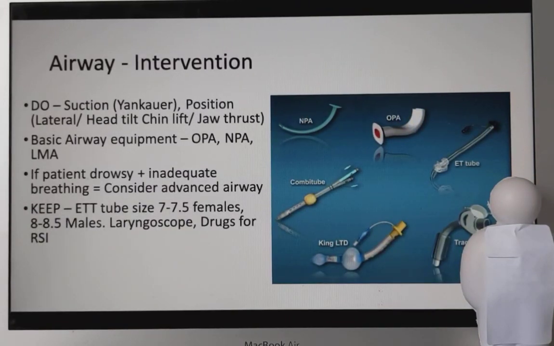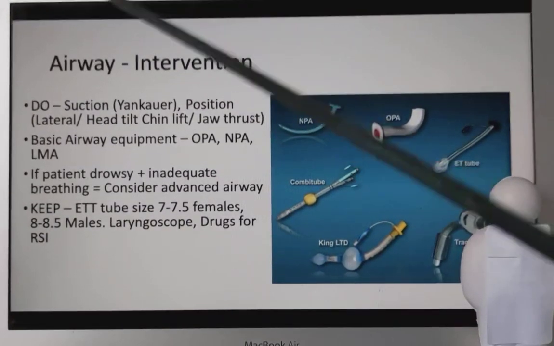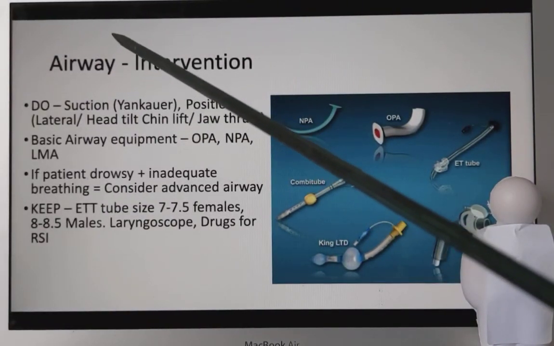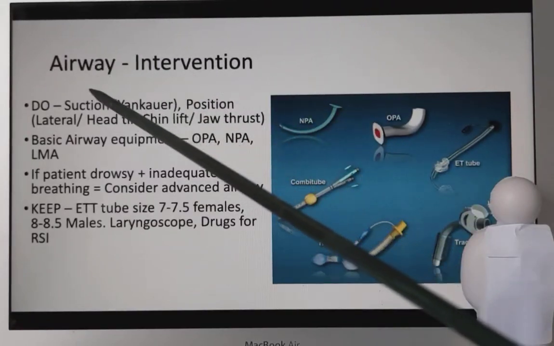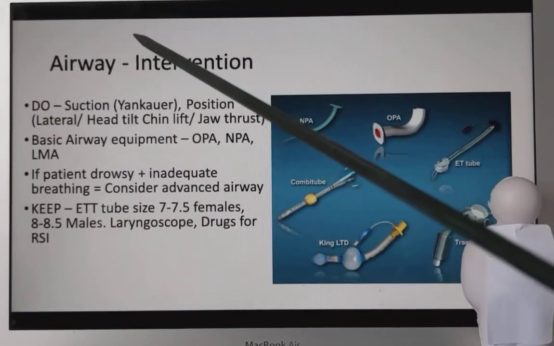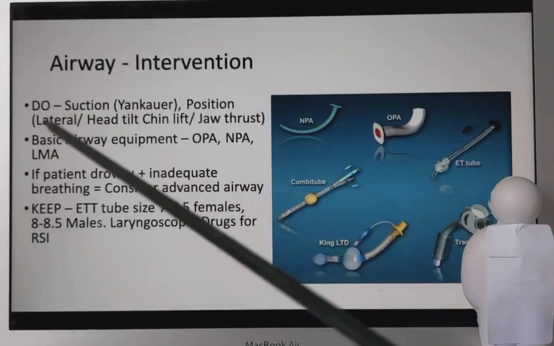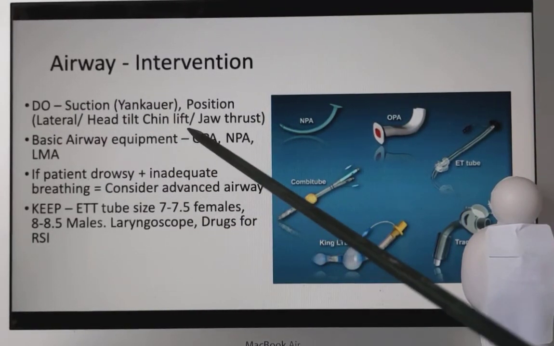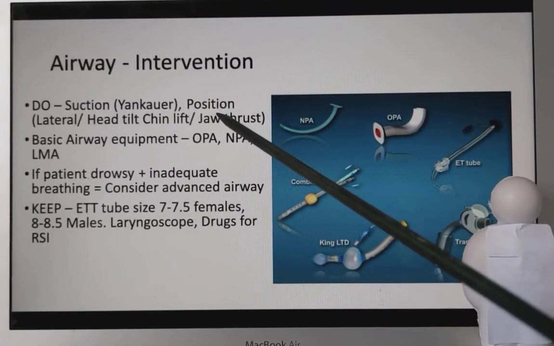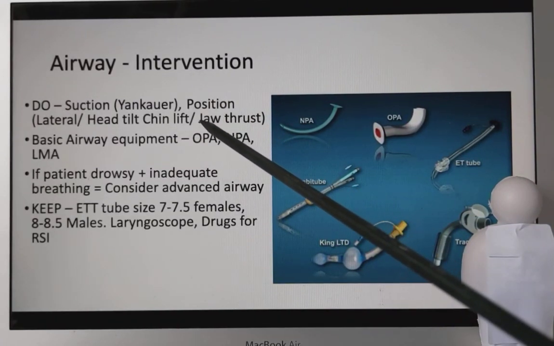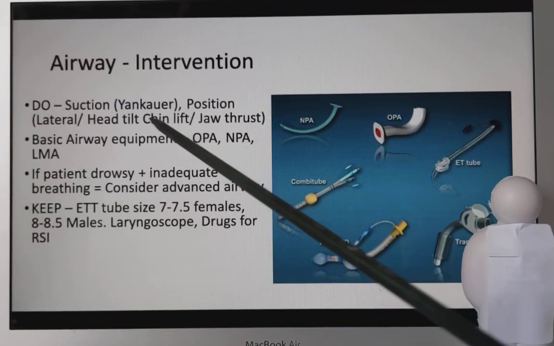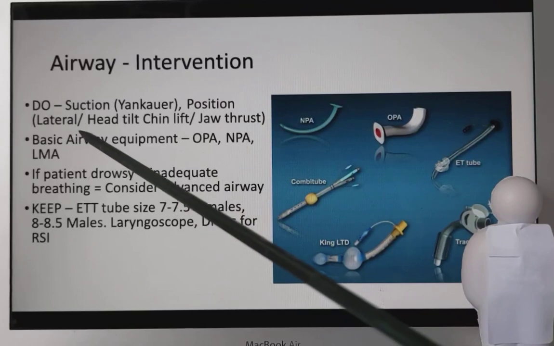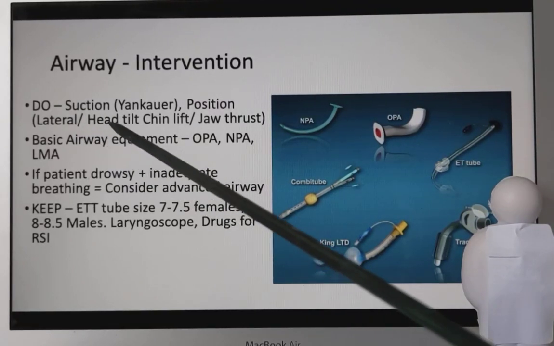Now, if you have identified that there is a problem with the airway, you first of all do the basic things. Use a suction, you can use a Yankauer suction tube, and then position. Sometimes if they are vomiting or have secretions, you can put them in side position so that all the secretions flow off.